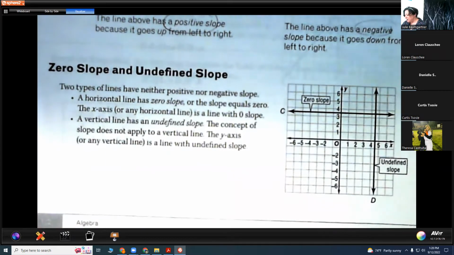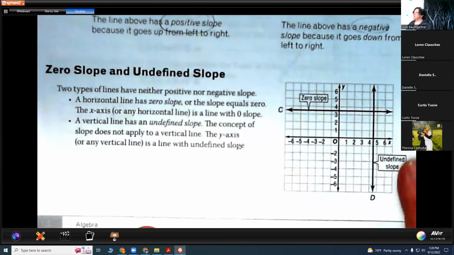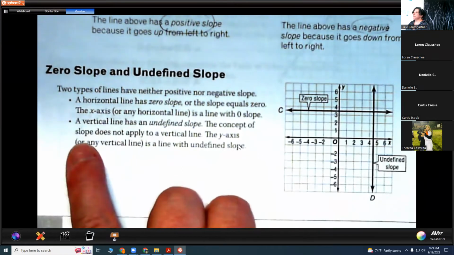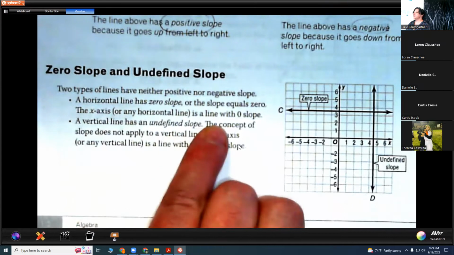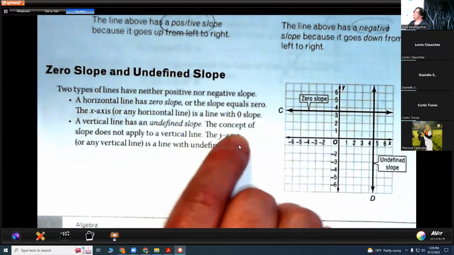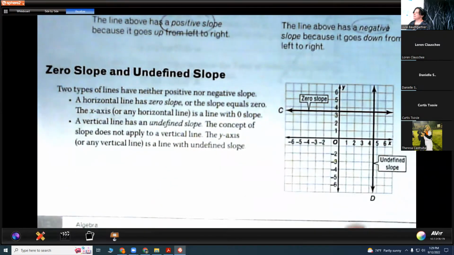But this is kind of the harder one to remember, right? So if it's a vertical line, they want us to describe the slope as undefined, okay? And I guess we'll just trust this sentence here. Hopefully this is enough of an explanation. The concept of slope doesn't apply to a vertical line, right? Because it's basically like all slope and nothing else, right?